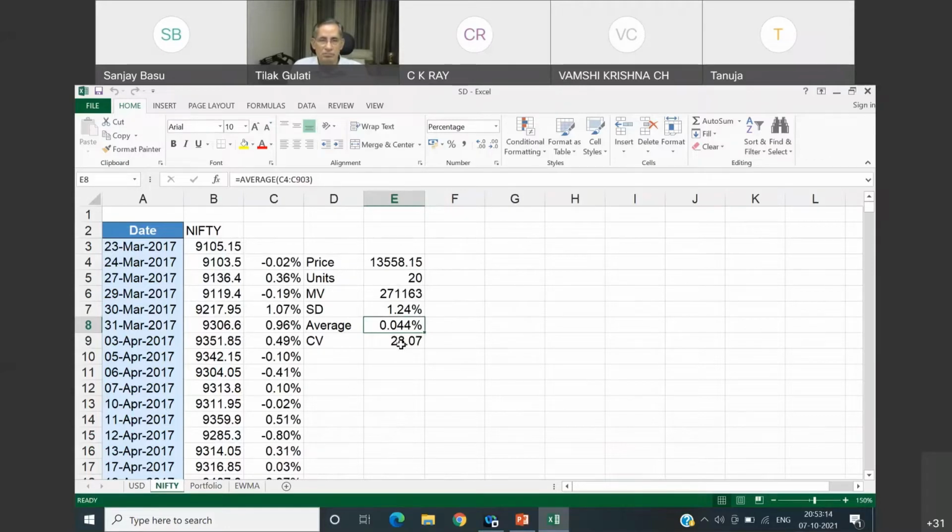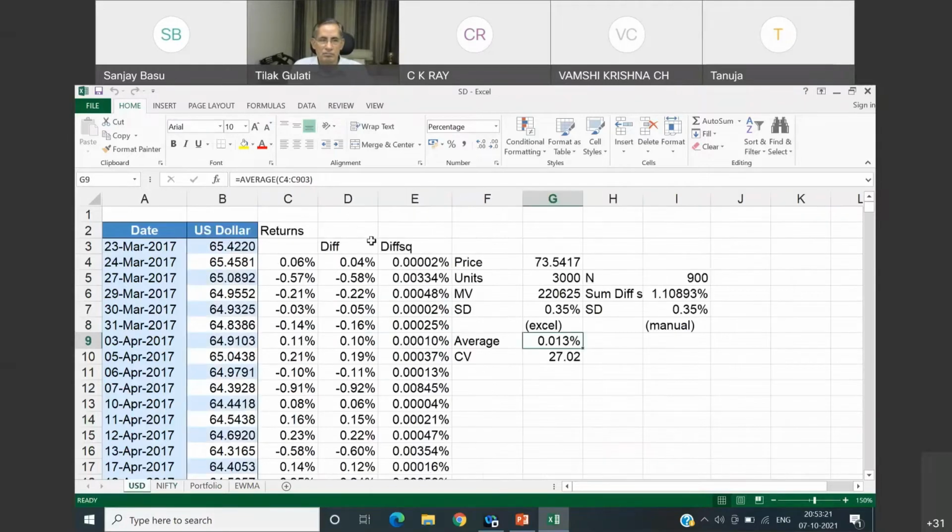Then we calculate the deviation from the average. This is the deviation from the average return. Now the problem is, very often, positive deviation can cancel out a negative deviation.